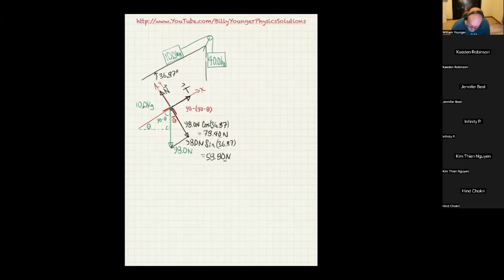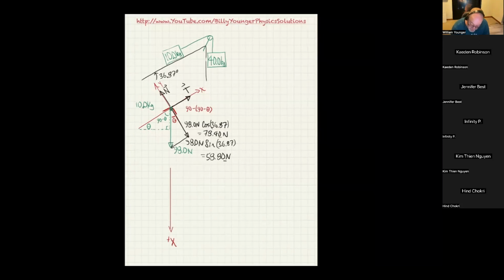Now, I also have a free body diagram. Notice I drew going up the incline as the positive direction. So when I do the free body diagram for the hanging mass, this is the positive, let's call it positive x direction, just to be consistent with what we did before.